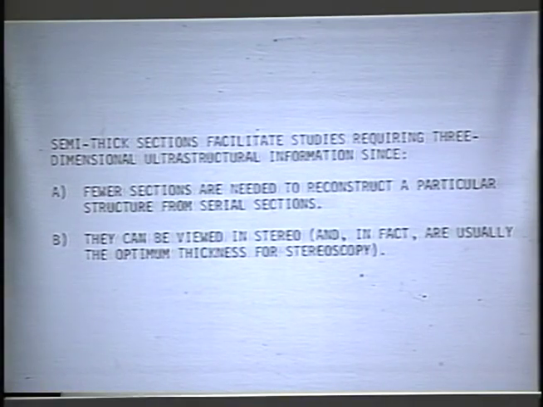If I can use a 1 micrometer thick section instead of a 1/10 of a micrometer thick section, that means 1/10 as many hours on the microscope, a tenth as many negatives, a tenth as many prints. So it can make it much more economical for you if the structures you're looking at can be looked at with thick sections. Next slide.